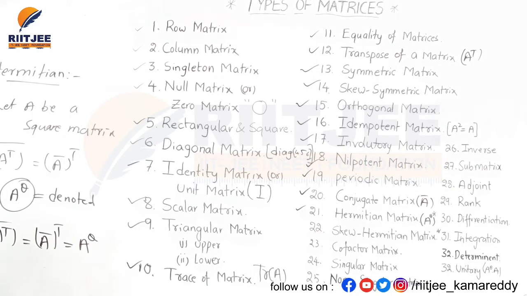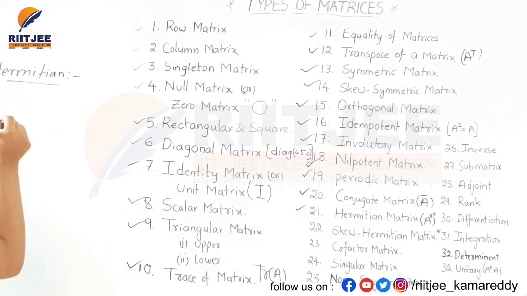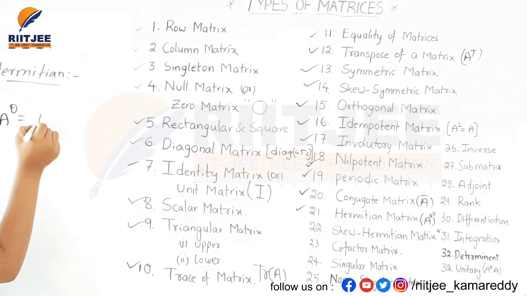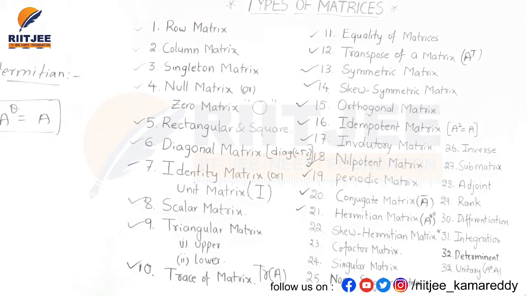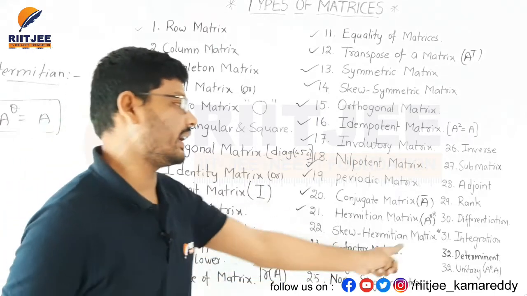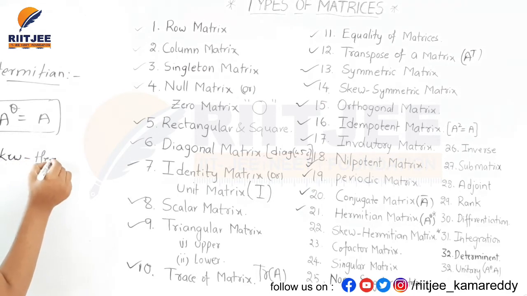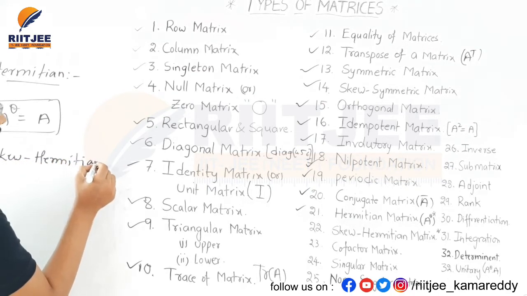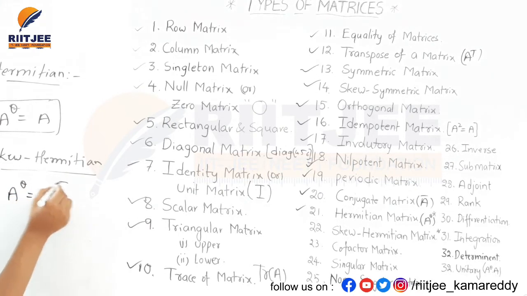And finally, the condition for Hermitian is A power theta is equal to A. A power theta equal to A is called a Hermitian matrix, and skew Hermitian is nothing but A power theta is equal to minus A. This is called skew Hermitian.